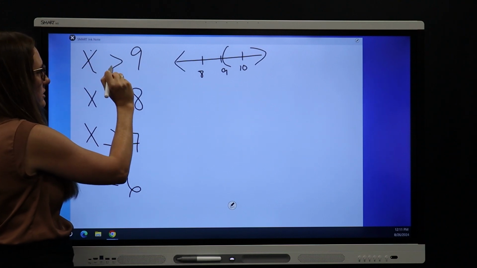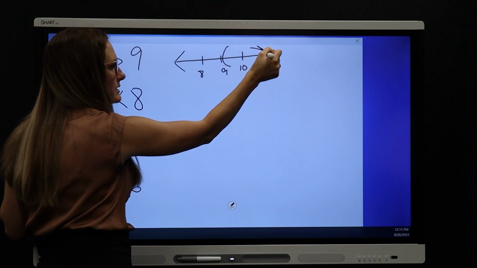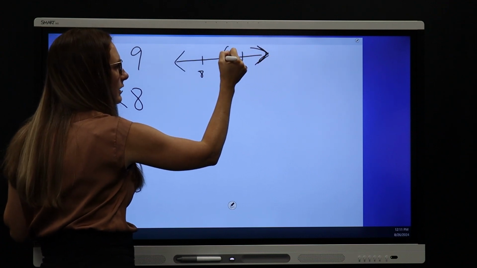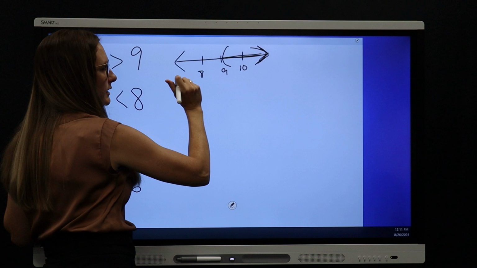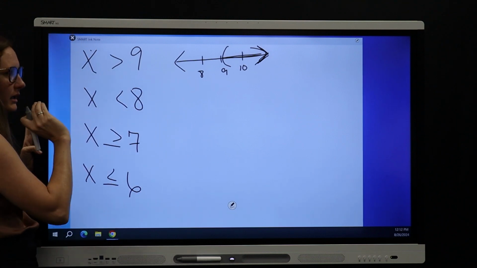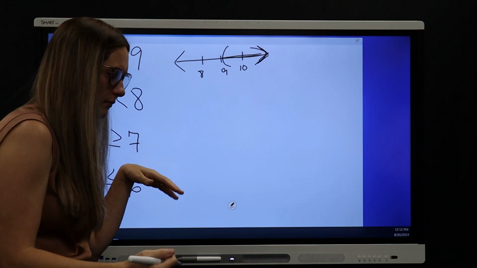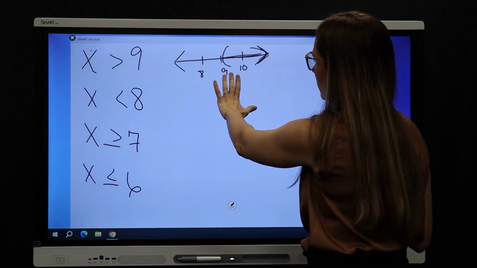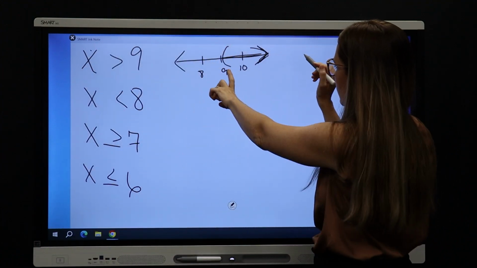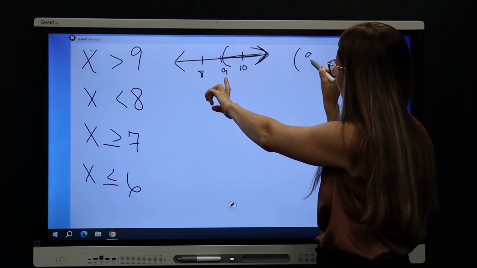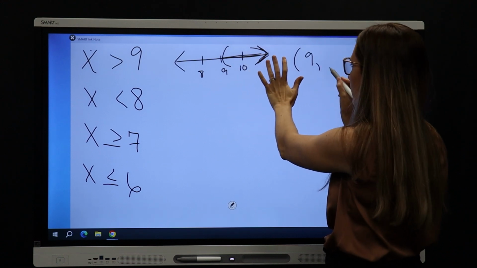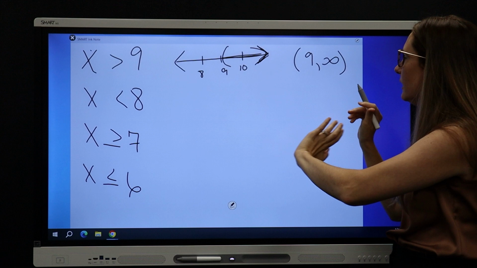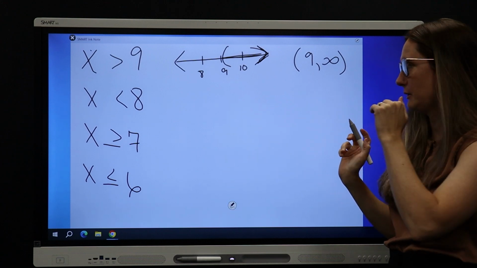So if X is first, greater than, we're going the same way that arrow points. Make sure your parenthesis or bracket opens that way and it goes that way. So then this is our graph. Our interval notation is going to be, this goes from 9 to positive infinity. We don't know when this is stopping. It goes all the way up.